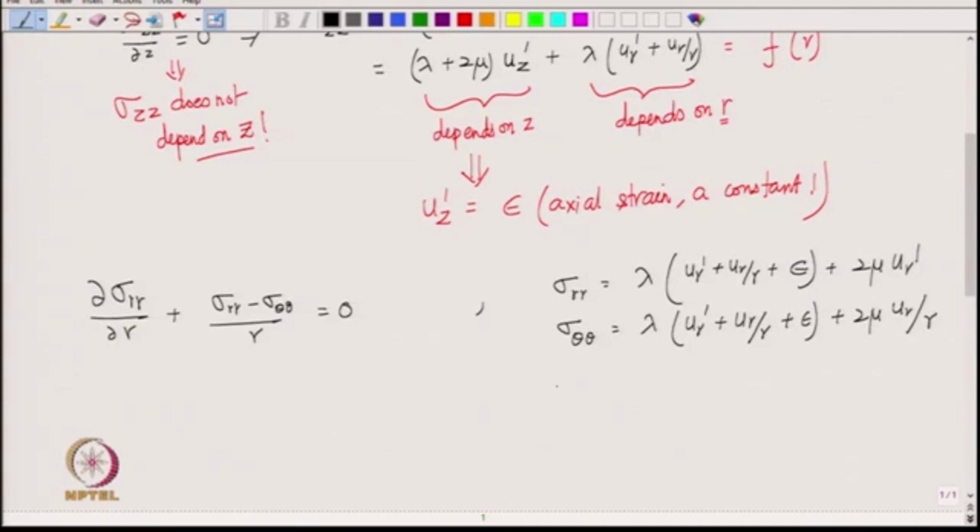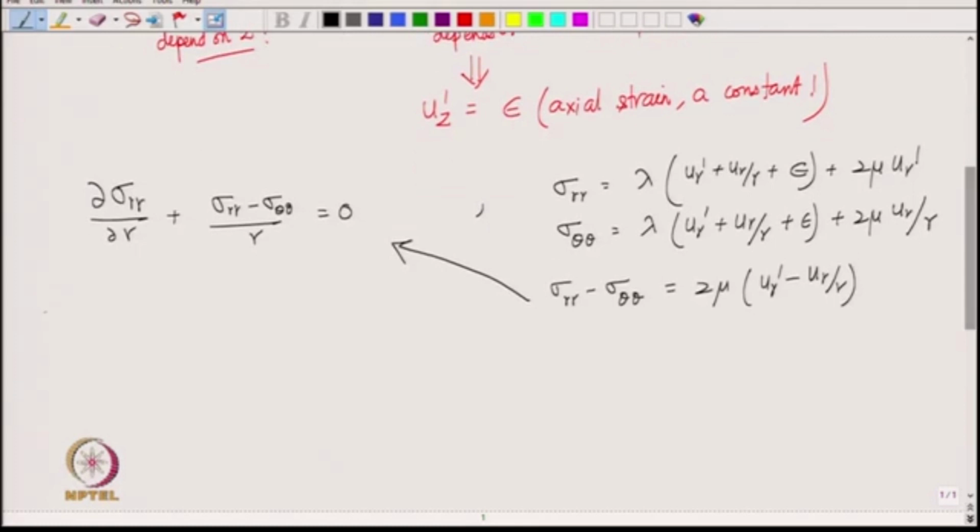So, what is sigma r r minus sigma theta theta, because we need that in this equation here. So, that is simply 2 mu into u r prime minus u r by r, correct. So, let us put that in this equation. So, the first one is del sigma r r by del r.